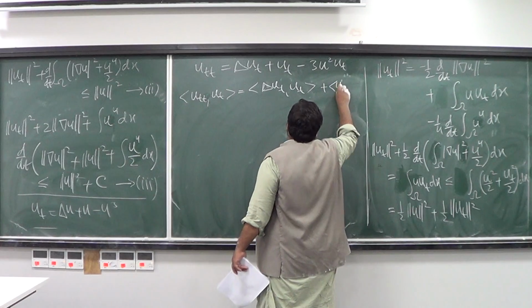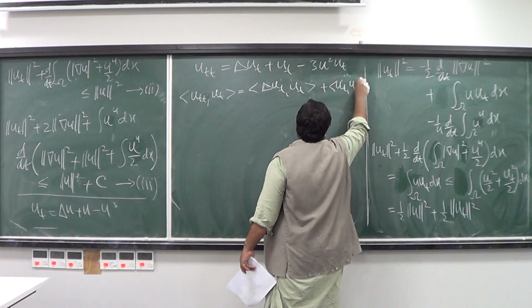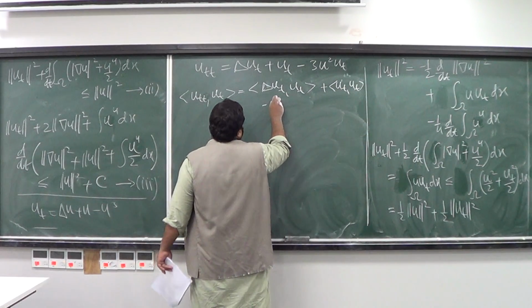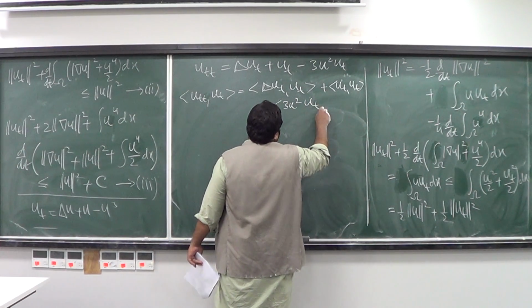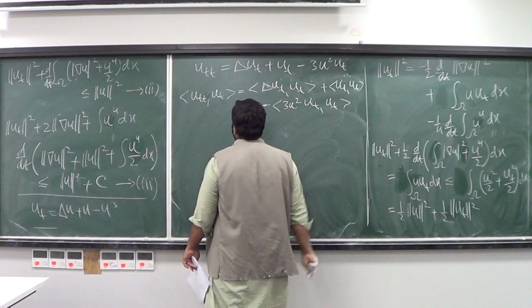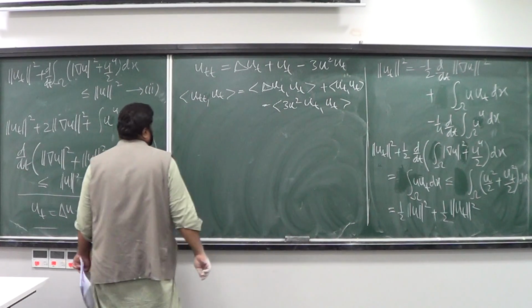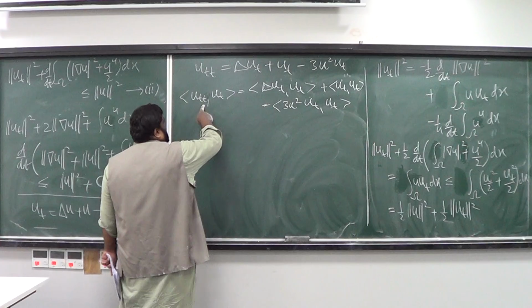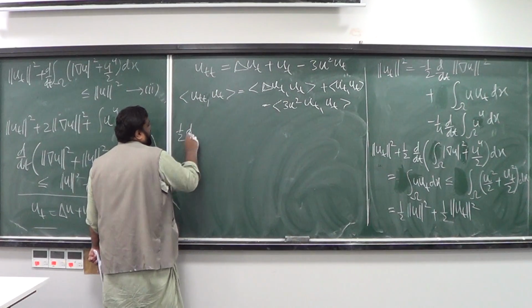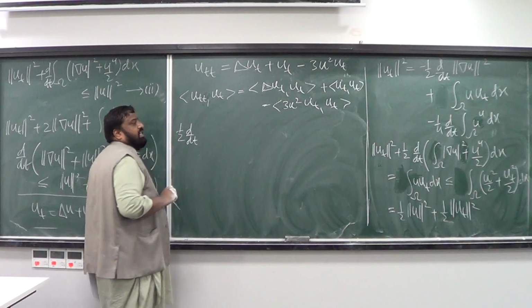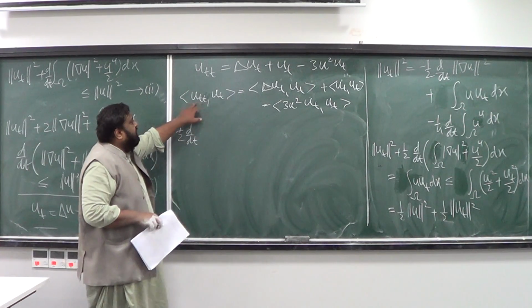Plus ut minus 3u square ut and ut. Okay. For this, I can pull out, for example, one time derivative. So I need to put a penalty of 1/2, and you're going to have ut.